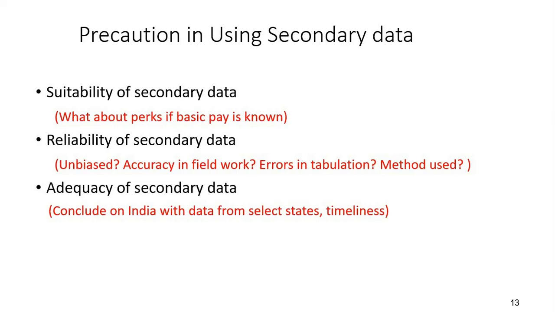The first reason why we should be very careful while using secondary data is that it may not be suitable for our study. For example, suppose someone has performed a study in an organization, say maybe Steel Authority of India Limited.